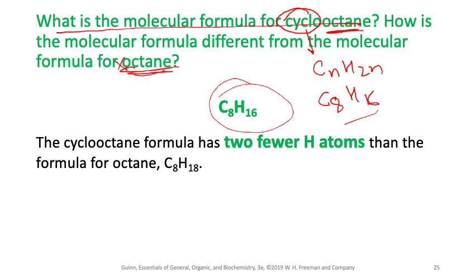In this case, there is no cyclo, so this is a simple alkane, and the formula will be CnH2n plus 2. So octane is 8, 2 times 8, 16 plus 2, 18. So this is why you have C8H18. This is how you can make a molecular formula based on whether the compound is cyclo or non-cyclo, right.